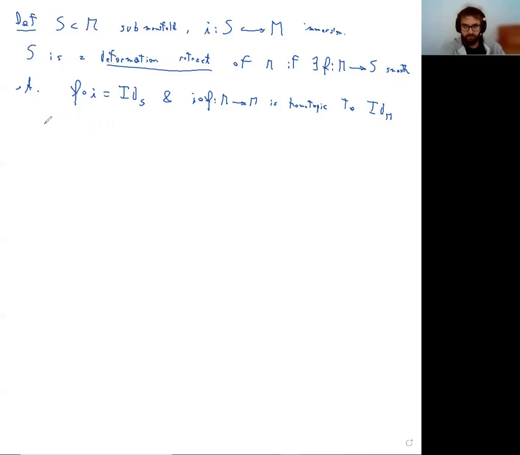And we saw before that if you have two maps which are homotopic to each other, then the map induced in cohomology is the same. So as a corollary, if S is a deformation retract, of course the corollary not of this definition, but of the fact that homotopic maps give the same map in cohomology, you get that these are isomorphic.